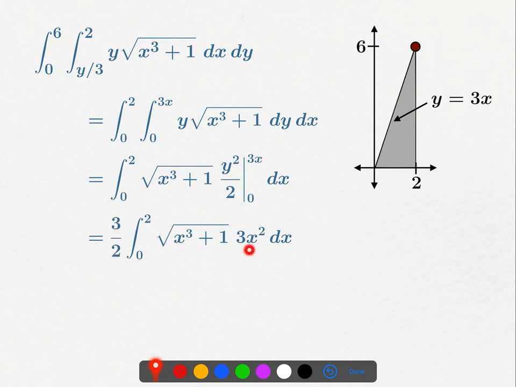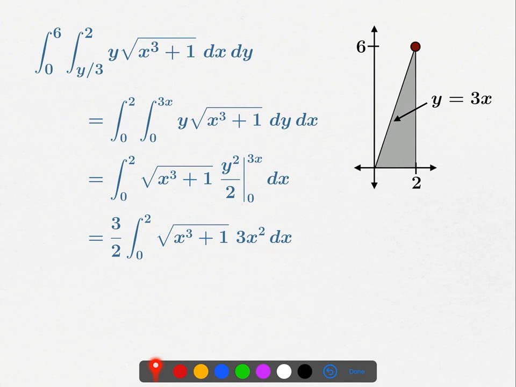But keeping the 3 here helps a little bit because you can see that if I take u to be x cubed plus 1, this is just du. The derivative of x cubed is 3x squared. So if I think of u as being x cubed plus 1, I have u to the 1 half du. So I'm integrating u to the 1 half du.